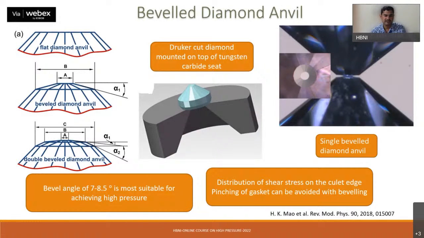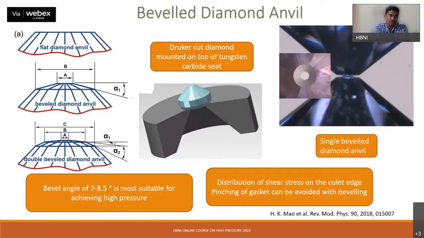So in the last talk, we were saying that one can study high pressure samples inside the diamond anvil cell using either flat type diamond anvils, or, if you want to go to higher pressure, since pressure is force per unit area, you try to reduce the area to reach higher and higher pressure, because there is an ultimate limit to the force.